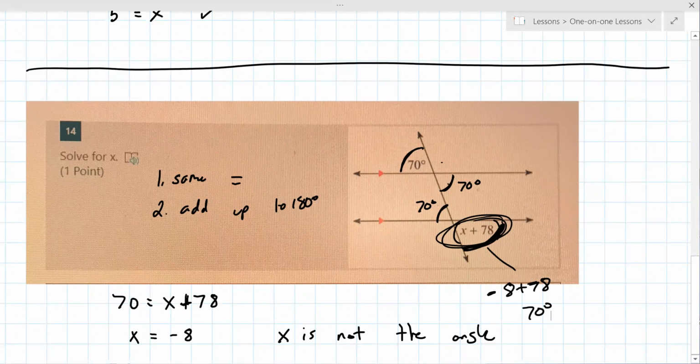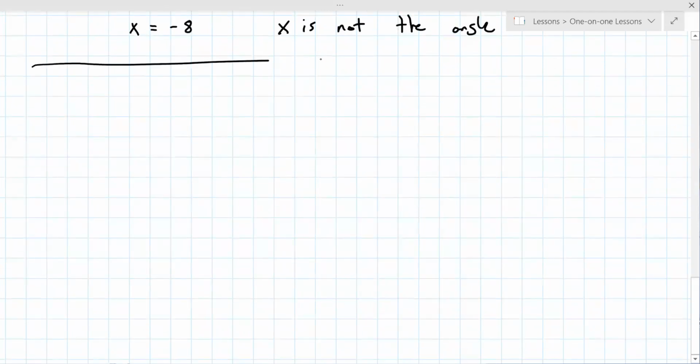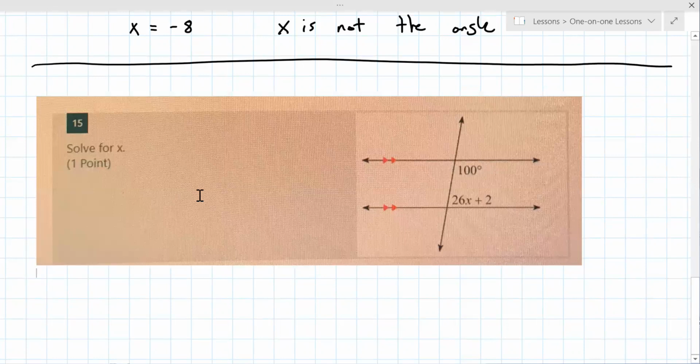Let me grab the next picture. Snip again here. These angles are on what's called the same side of the transversal.